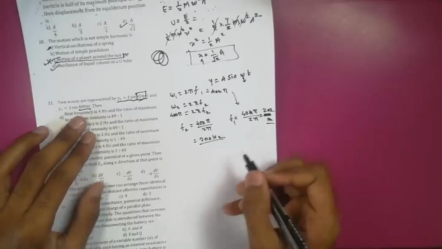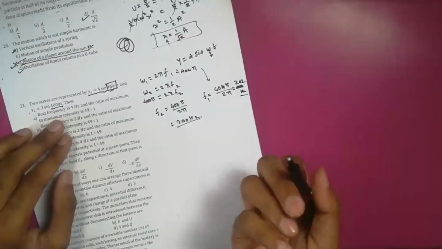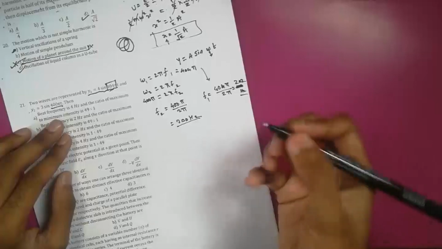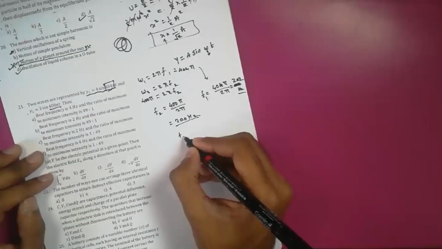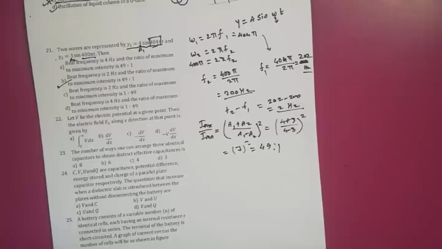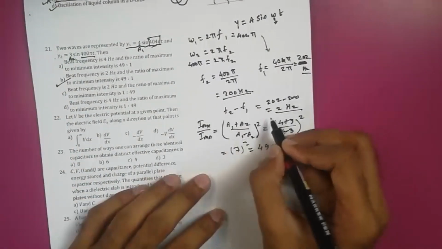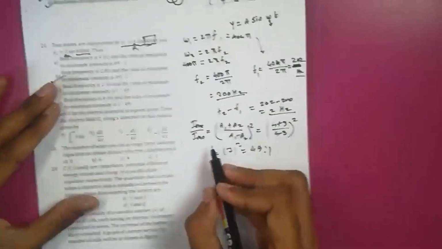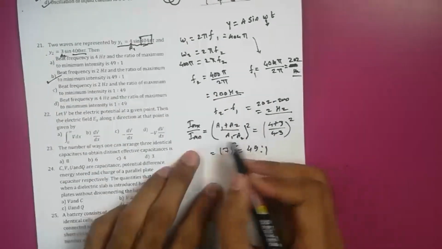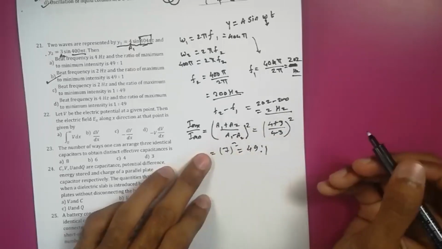Alright, so we found the beat frequency. If you look at the options, B and C have 2 hertz as the frequency. So after finding the beat frequency, to find the maximum and minimum intensity, just use the formula for maximum intensity upon minimum intensity, which is given by this particular formula.